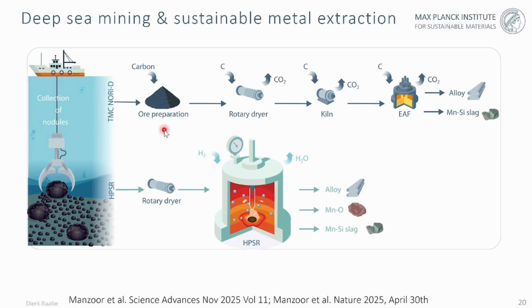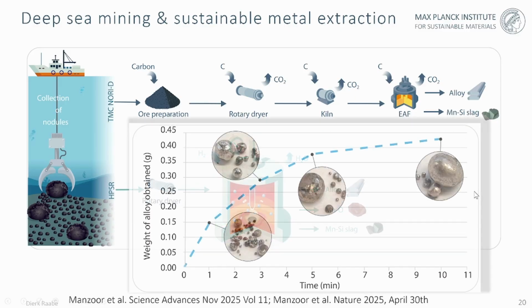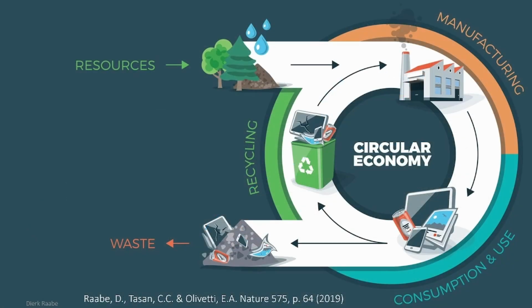That is much more efficient than the land-based mineral production or preparation, drying, kiln operation, and the classical EAF type of operation for metal extraction. So again, the plasma state shown here produces nickel and corresponding precursor mixtures containing also manganese, copper, and cobalt out of these deep sea nodules. So this is also a very efficient process for different types of feedstocks.